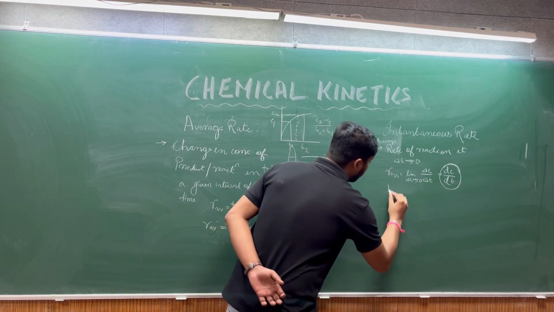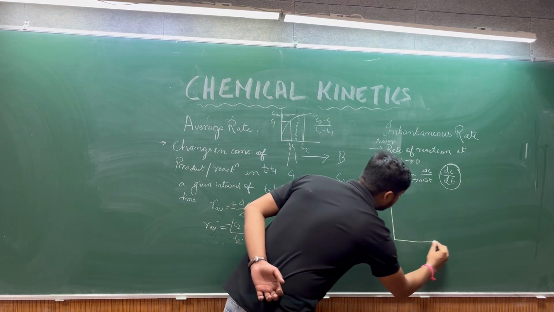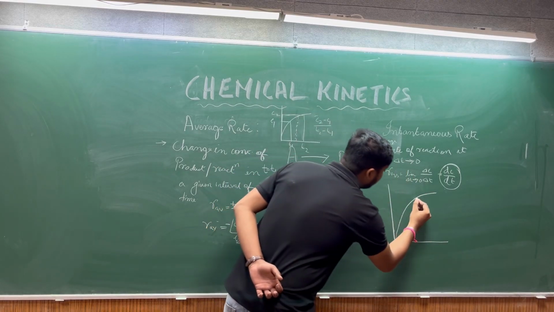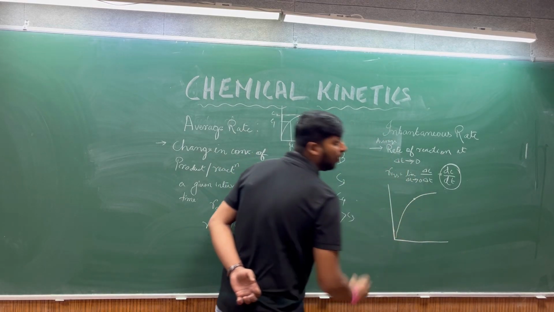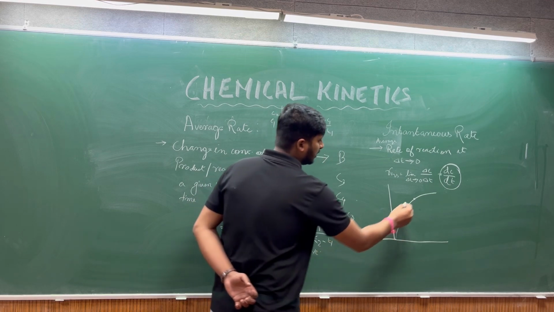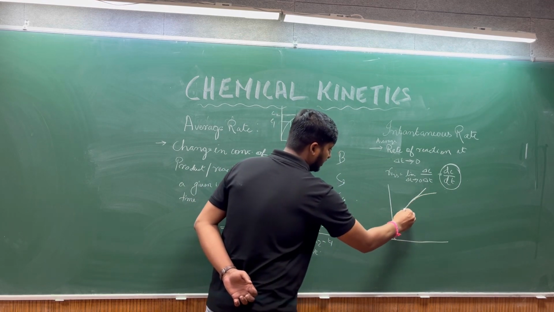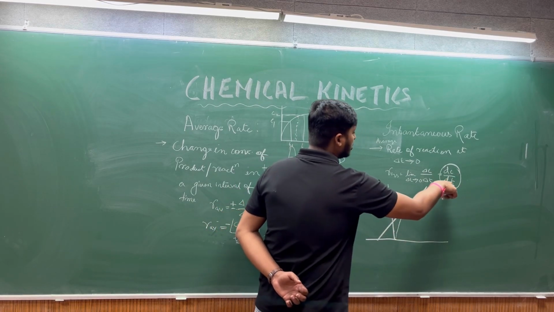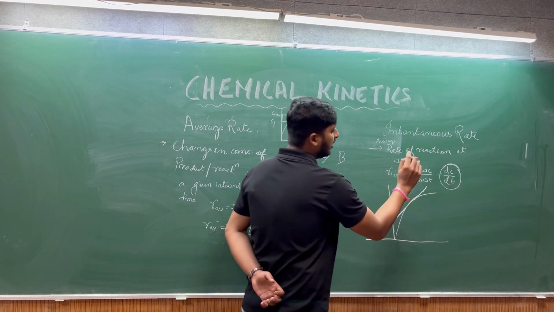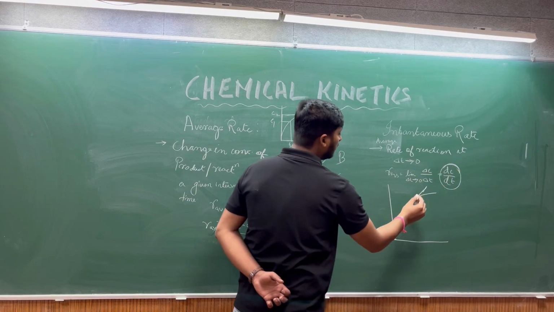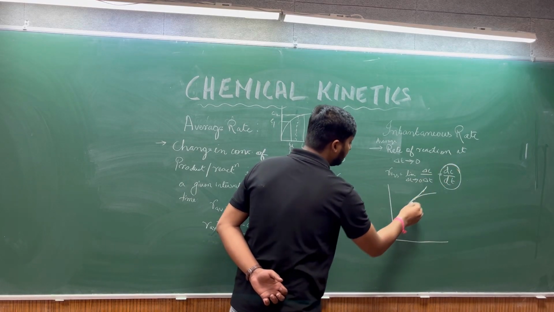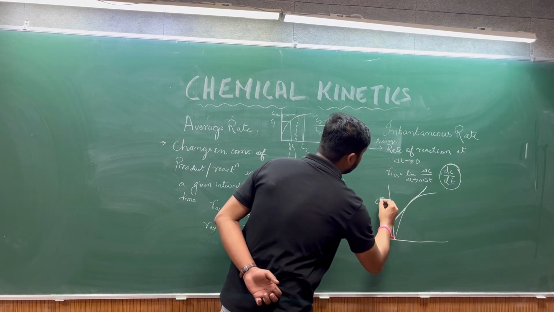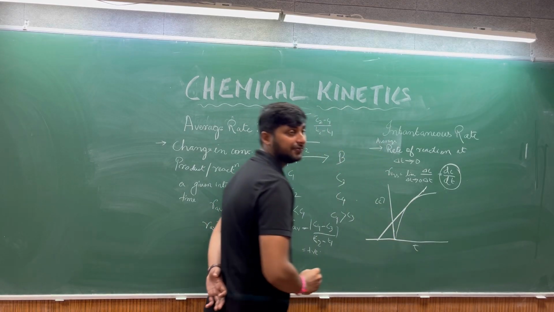Now if we plot another graph, suppose we are finding the instantaneous rate at this point. Let us draw a tangent at this point. So this expression basically denotes the slope of the tangent at a point in the concentration versus time curve.